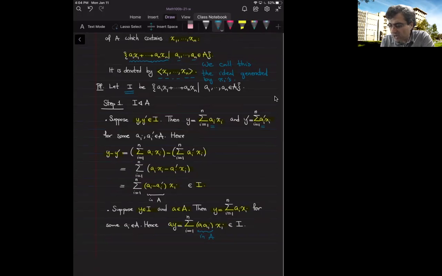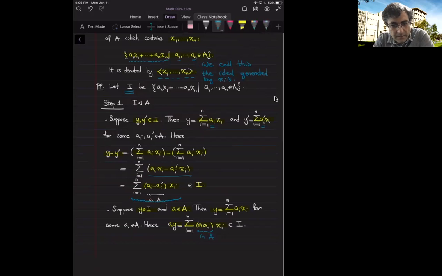Then the ith term would be a sub i xi minus a sub i prime xi. By distributivity, I can factor out x sub i. And then I get that this element is also an A-linear combination of x1, ..., xn, and therefore it is inside I. It shows that I is closed under taking differences.